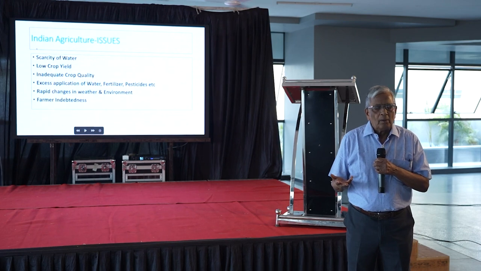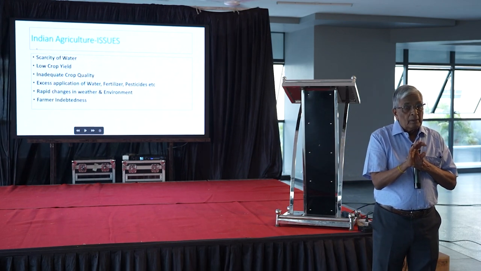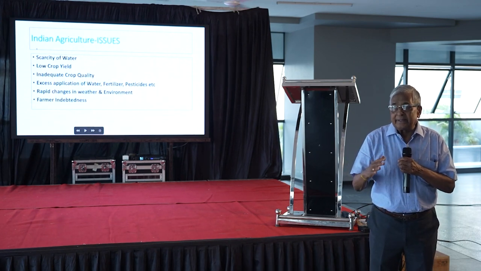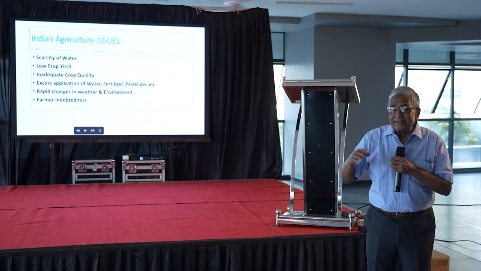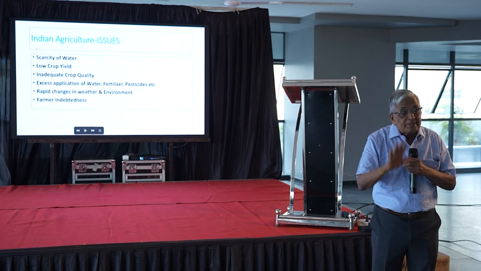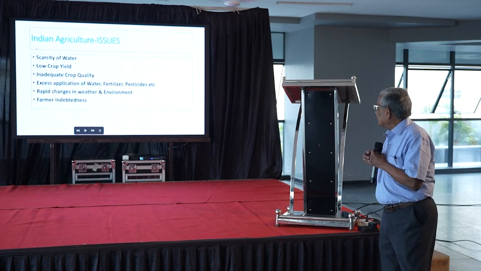And the farmer is still there. I don't know how many of you are familiar with farmers. He is totally independent. We think he doesn't have to pay income tax, and so on. So that is the situation where we are. And what is the answer we need to find?